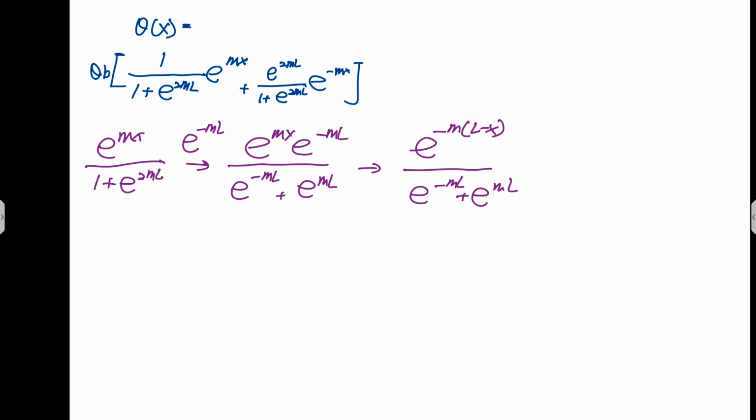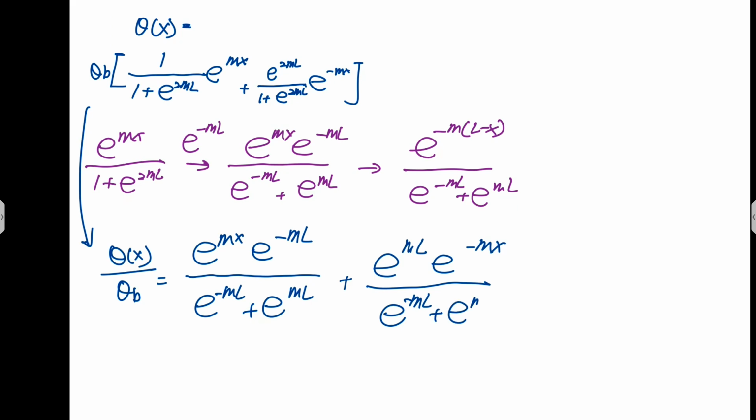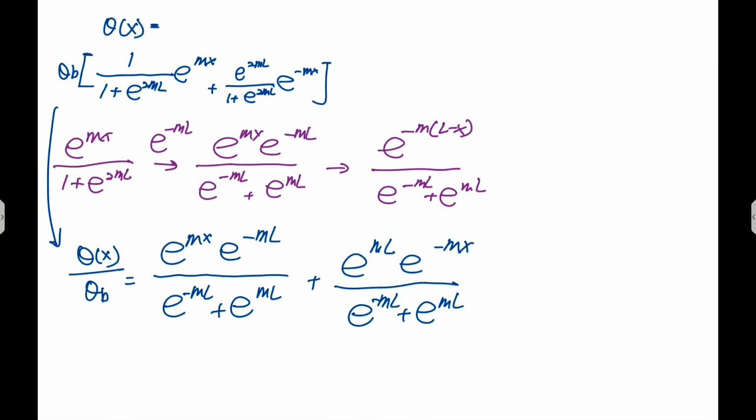We intentionally do it this way, just for the mathematics, so that the upper term relates to x minus L. We will see later how it looks once tidied up. So now the whole equation, if we put theta b on the left hand side again, becomes e to the mx, e to the minus ml over e to the minus ml plus e to the ml, plus e to the ml e to the minus mx over e to the minus ml plus e to the ml.